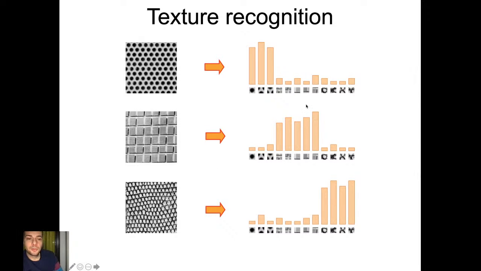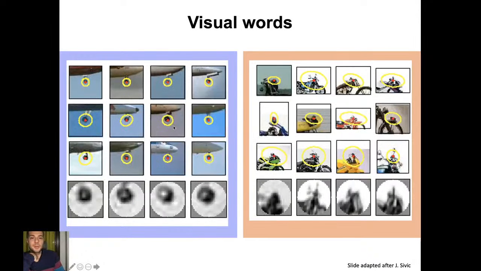This one will have more occurrences for these textons, and an image with this texture will have more occurrences for textons representing this texture. So then when we use these histograms in a classifier, it will be very easy to discriminate between these histograms belonging to different types of textures.